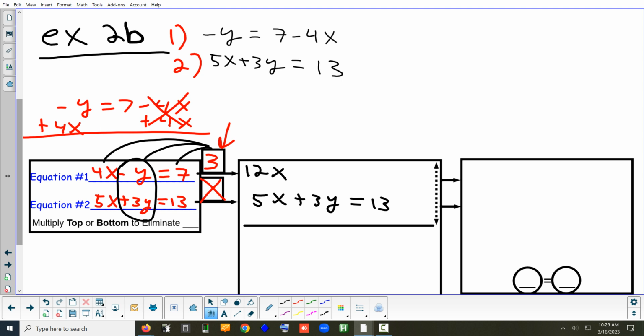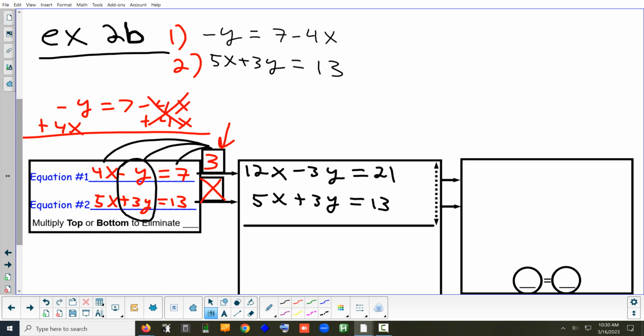What about the next term in the top equation? Negative 3y, right? Because it's 3 times negative y. And what about the number on the other side? 21.